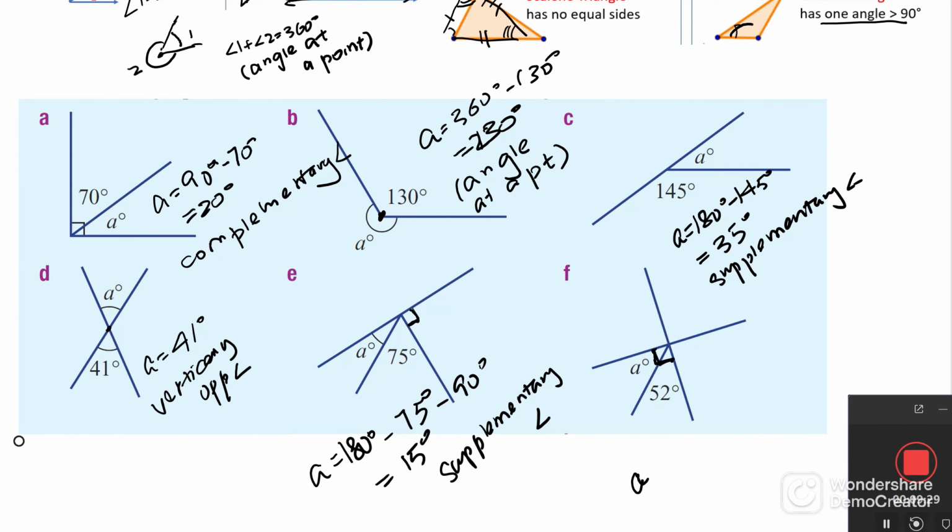We can just use complementary. So 90 degrees minus 52 degrees gives you 38 degrees. And always write the reasoning, which is complementary angle.